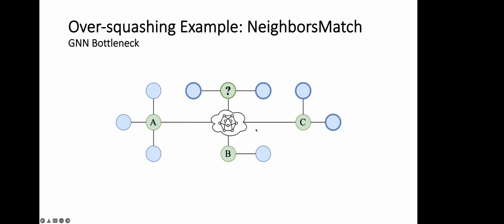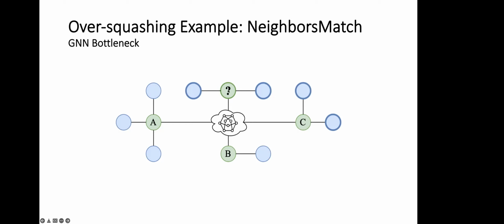And the rest of the graph in the middle of this figure represents a general unknown graph structure. So the goal of this problem is to predict the label of the target node, which is labeled with a question mark. The label should be the number of its blue neighbors. The correct answer for this example here is C, because in this case, the target node has 2 blue neighbors, and we can see that node C also has 2 blue neighbors.